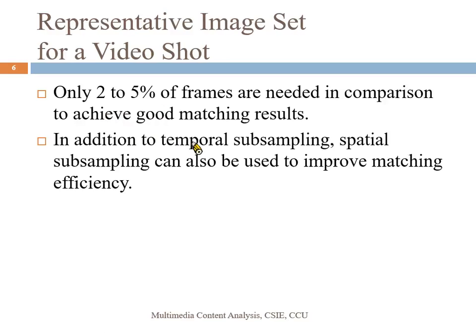And in addition to temporal subsampling, so the method mentioned above is temporal subsampling, because we don't take all the video frames. Okay. In addition to temporal subsampling, spatial subsampling can also be used to improve matching efficiency. The so-called spatial subsampling is resizing.